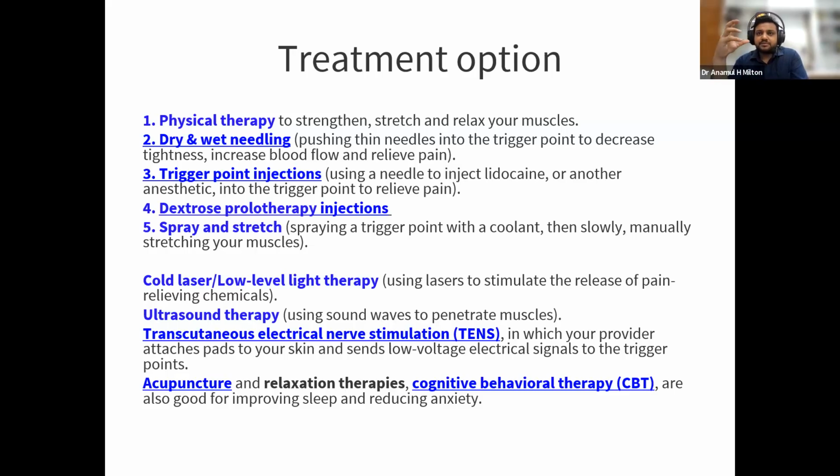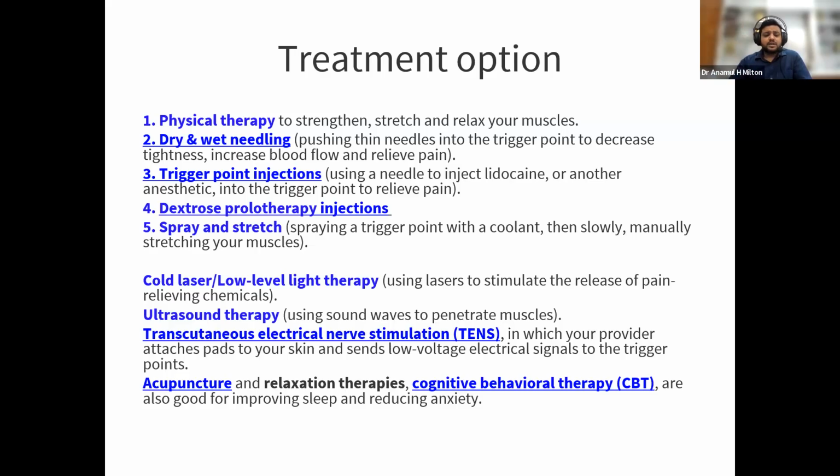Sometimes there is an active trigger point, and sometimes it is latent. The active trigger point you can find out when you palpate, but a latent trigger point you will not find by palpation. But when you give the stretching, you can find out the latent muscle taut band also.